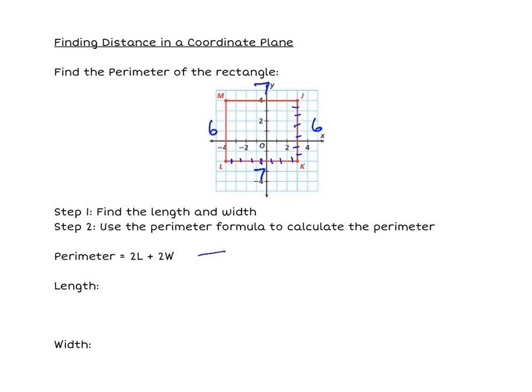We do have a formula for perimeter. You can use that. Or if you want, 6 plus 6 plus 7 plus 7 would get you that answer. So our length, we'll say, is 7. Our width is 6.